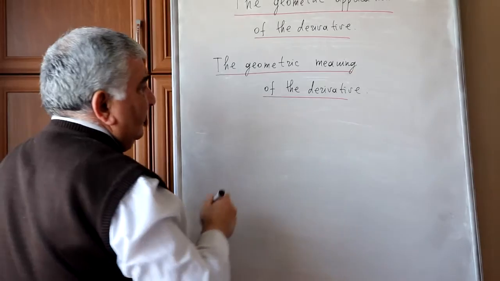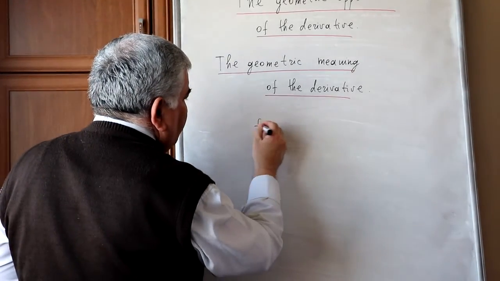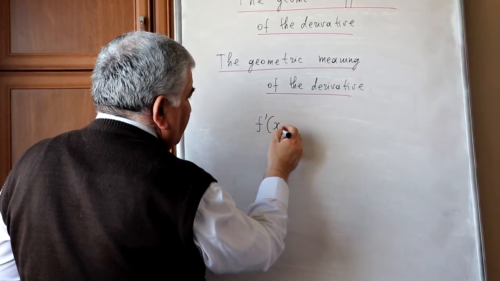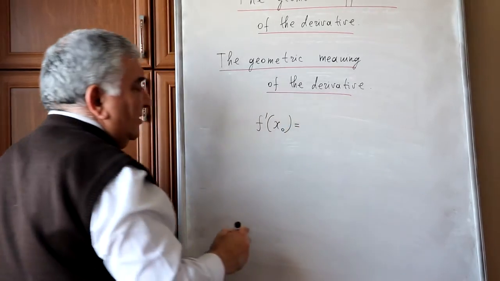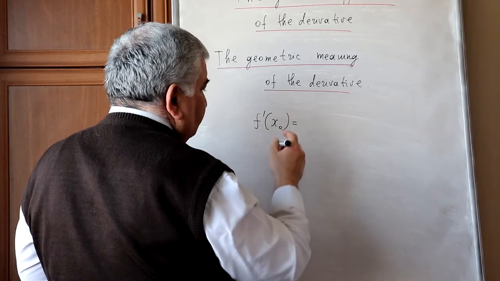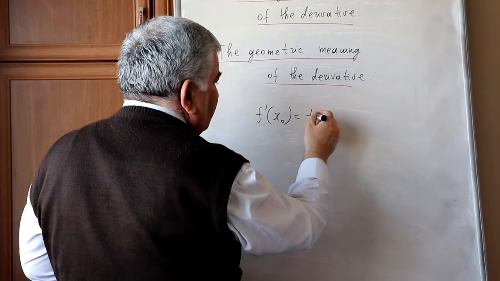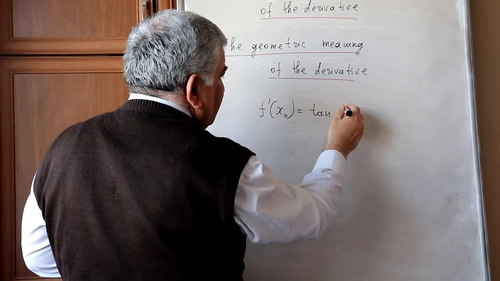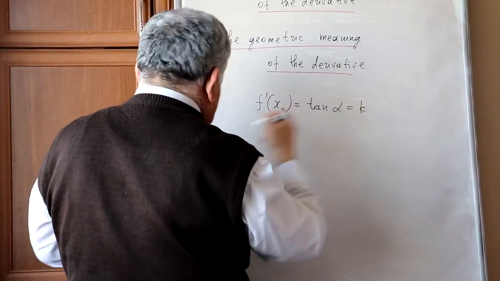This meaning has the following formula: f prime at x sub 0 is equal to tangent alpha and is equal to k.